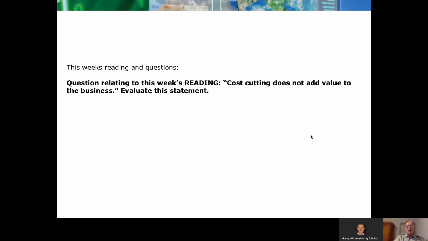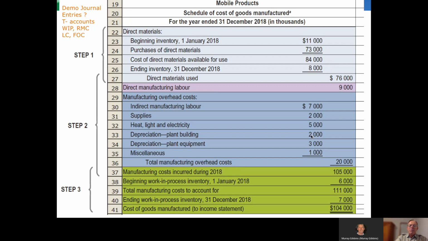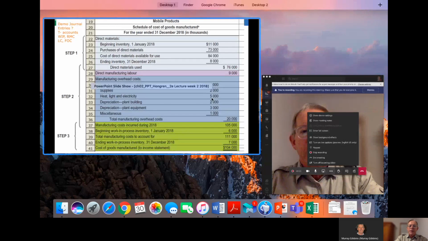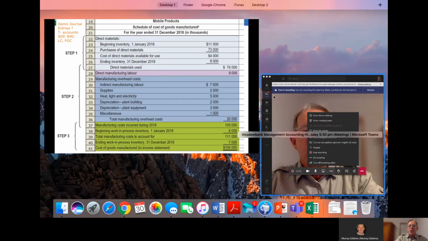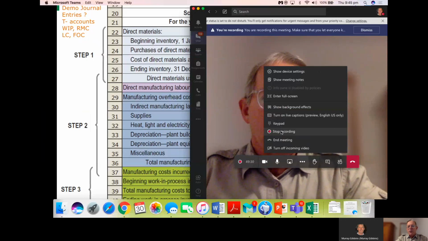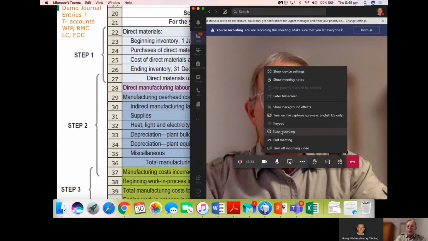It's good for us to be able to identify the main things: what is a cost object? Can we identify a variable and a fixed cost? And at the end of the day, we want to be able to produce one of these costs of goods manufactured statements. So we'll stop the recording there, and I will look forward to seeing you soon.